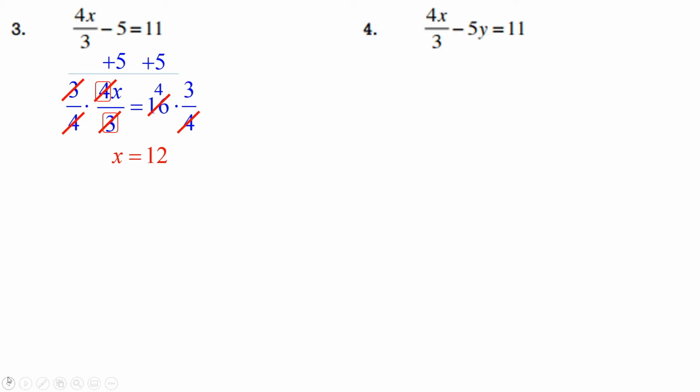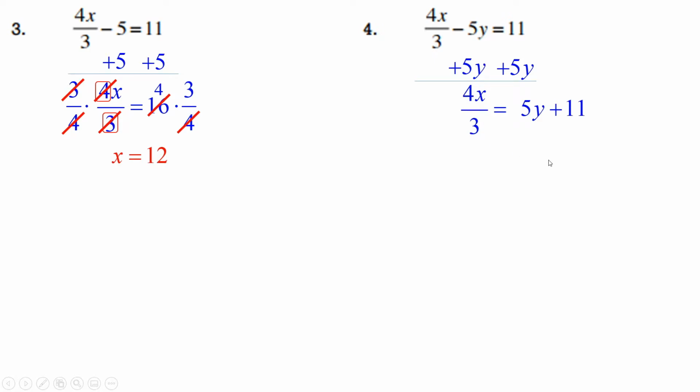Now we have a literal equation for number 4, but we're still solving for x. So first step is let's get rid of the negative 5y by adding 5y. So we have 4x over 3 again, but this time on the right we have 11 plus 5y. We cannot combine those. Now we have to undo this multiplication by 4 over 3.